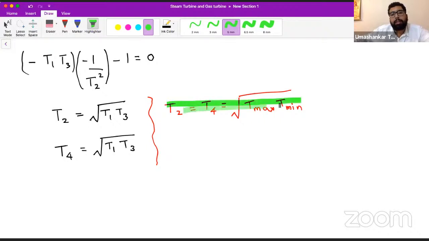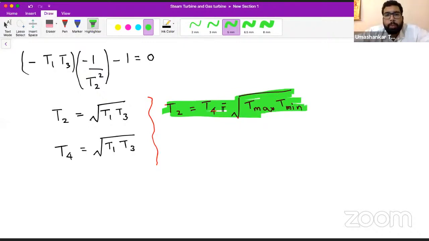At this condition, you will get the maximum possible work output.